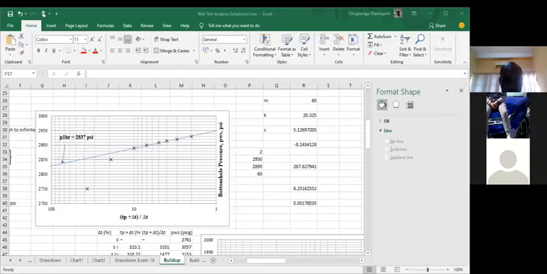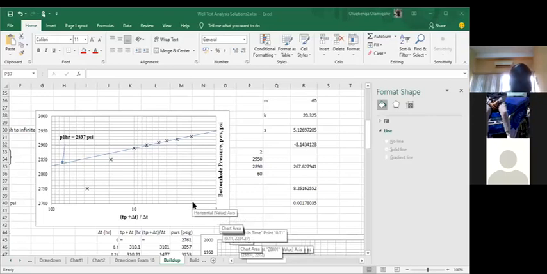Sir, I want to ask, can we randomly pick any of the points, or is there a basis for picking them? Now, remember, the slope is psi per log cycle. If you pick 2 here, you have to pick 20 here, but remember that it's very unsafe.